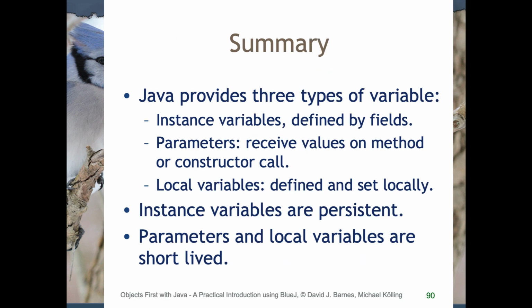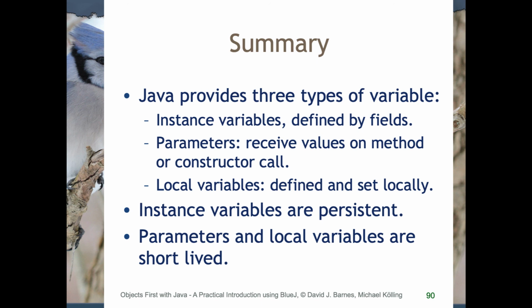So in summary, Java provides 3 types of variable. We have instance variables. These are defined by fields. We have parameters, which are designed to receive values when a method or constructor is called.